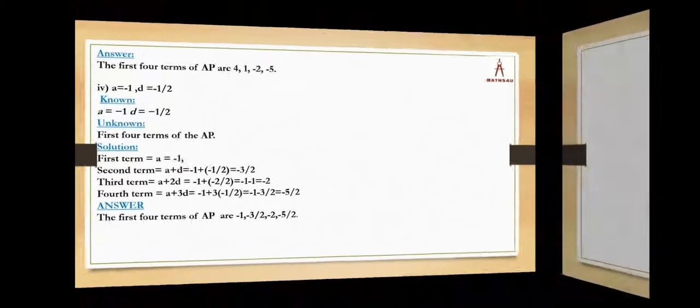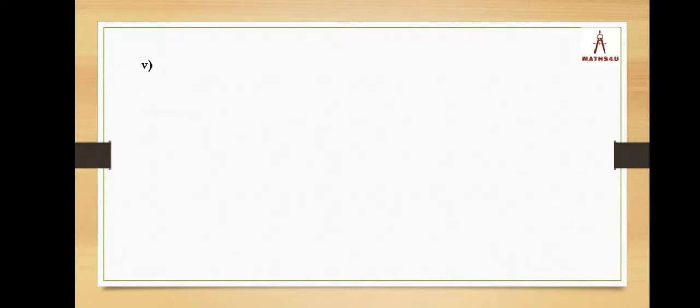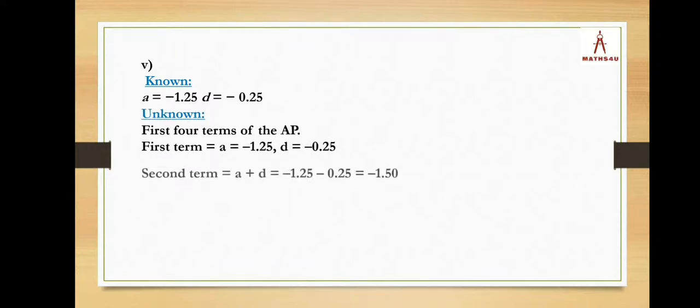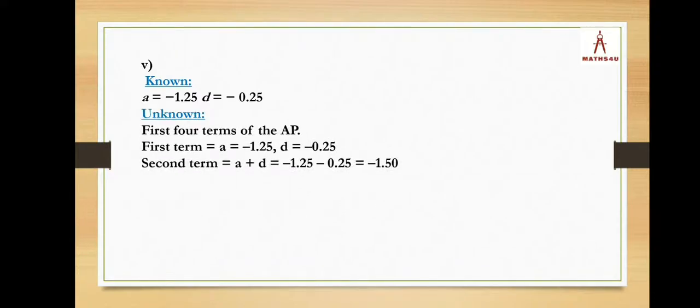I hope you understood. Let's see the next one, the fifth one. What is known? A equals -1.25 and the common difference D is given as -0.25. The unknown is the first four terms, which we need to find out. The first term is A, so -1.25. The second term is A plus D. So -1.25 plus -0.25, how much? -1.50.